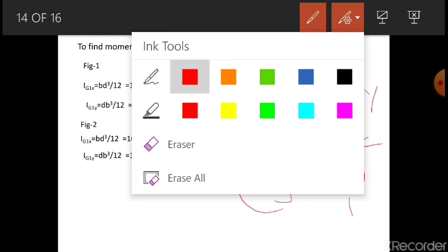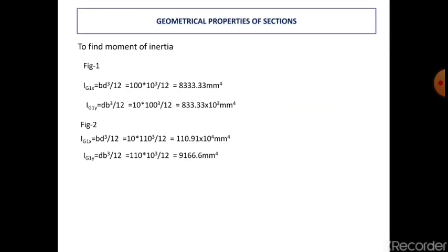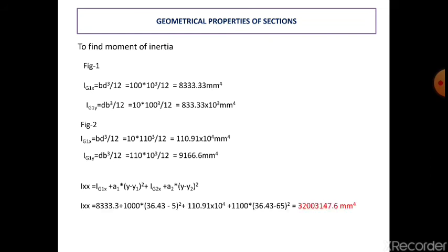You have to understand, it is very important here to understand this. So the formula is what? Ig1x into the area of the first figure, which we have calculated at the start, then y bar minus y1 the whole square, and then the same for the second figure. If you substitute the formula, you get this.